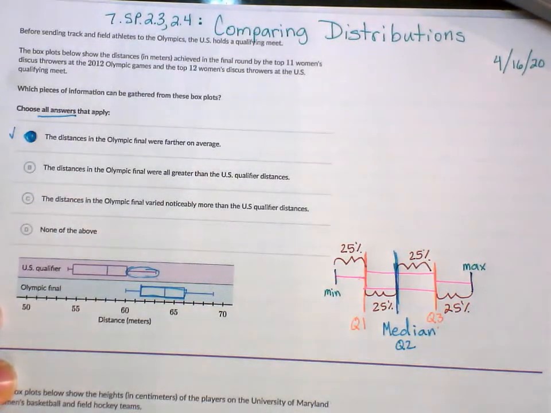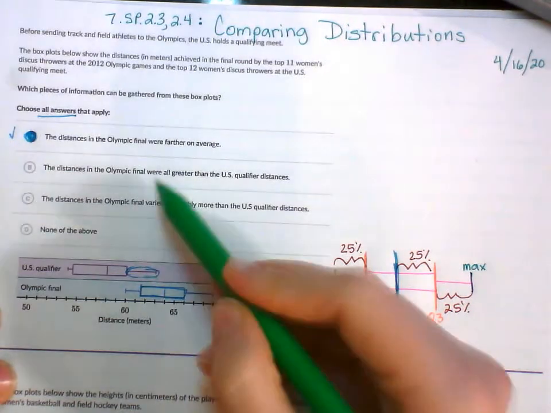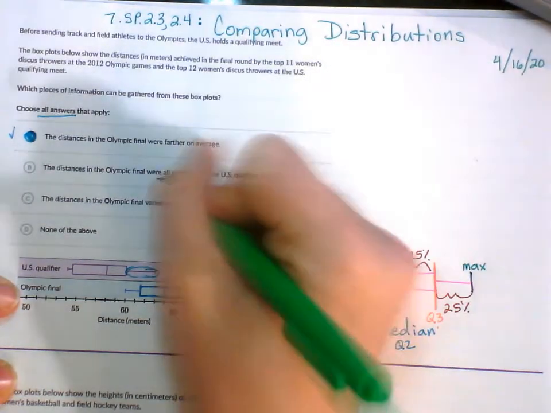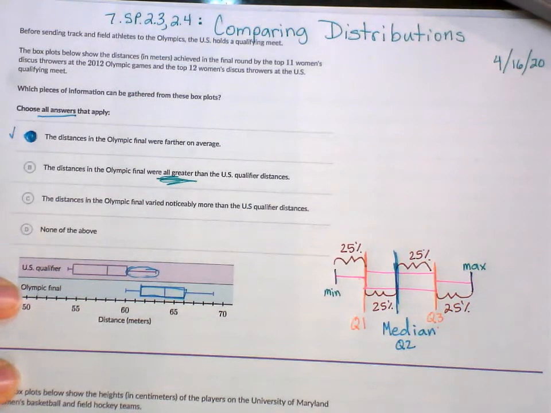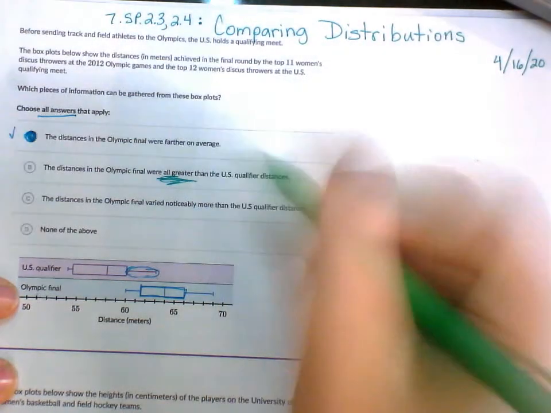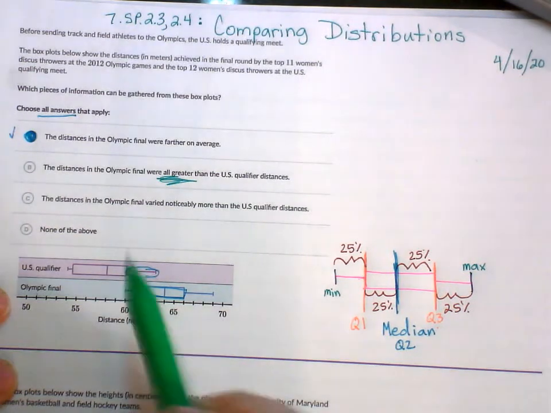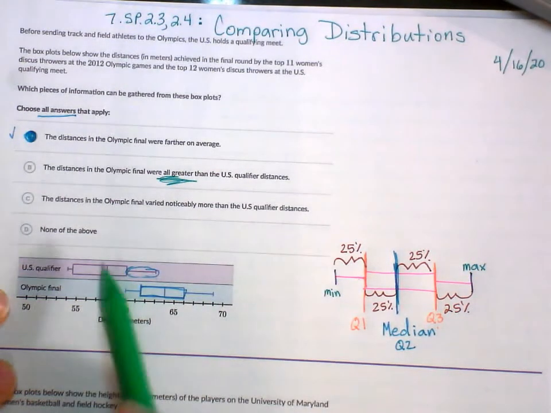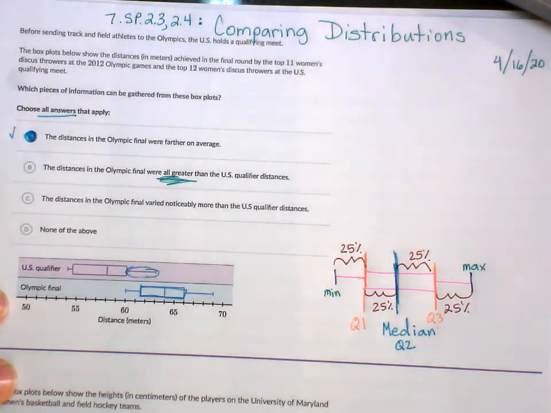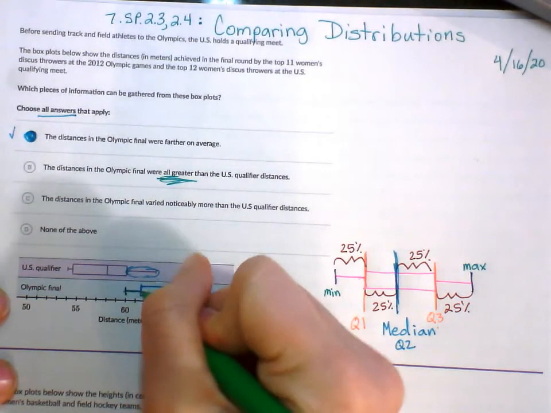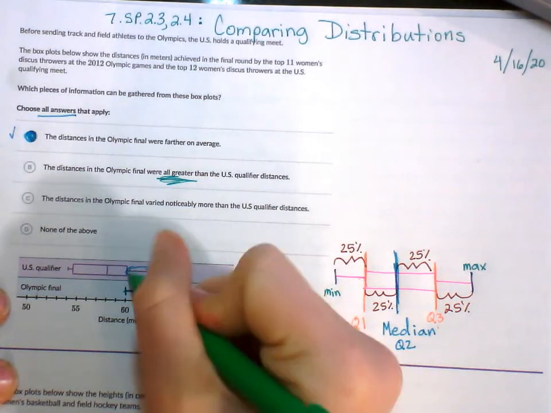All right, B. The distances in the Olympic final were all greater than the US qualifier distances. So for this to be true, that means there's no overlap in the box plots. Is there any overlap in distances between the purple and the blue? Yes, they overlap from right here to here.